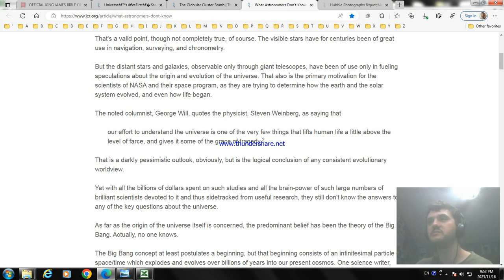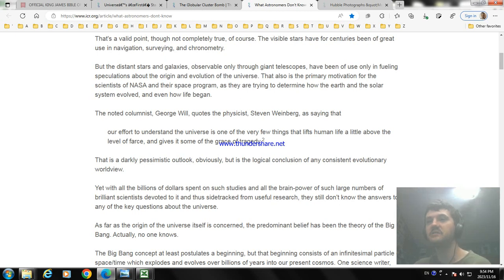This is primarily the motivation for the scientists of NASA and their space program, as they try to determine how the Earth and the solar system evolved, even how life began. The columnist George Will quotes the physicist Steven Weinberg as saying that our investigation of the universe is one of the few things that lifts human life a little above the level of farce, and that gives it some grace of tragedy.